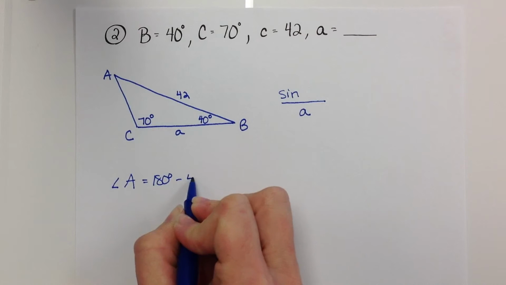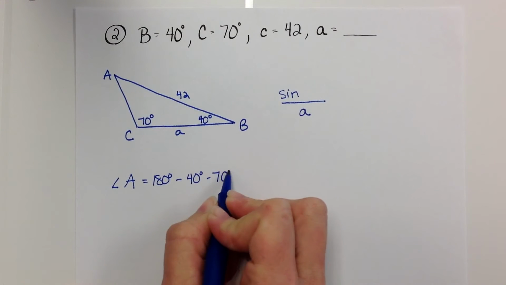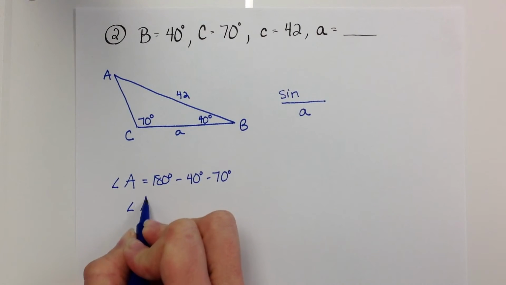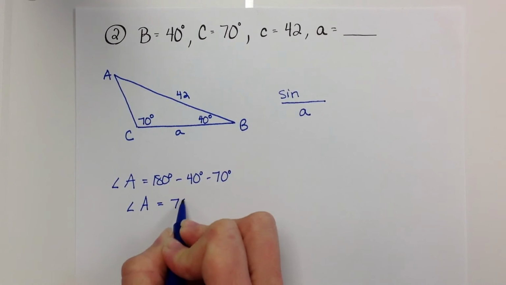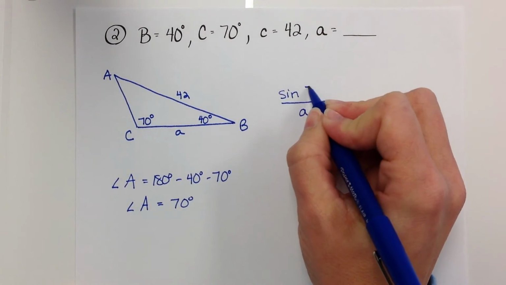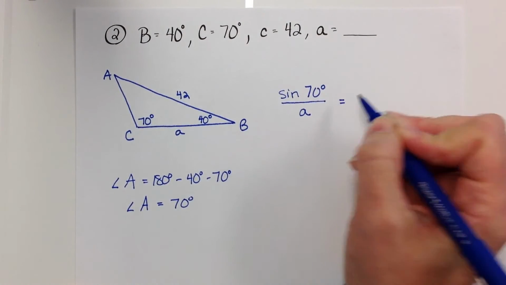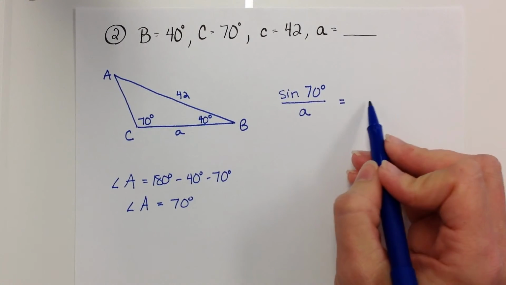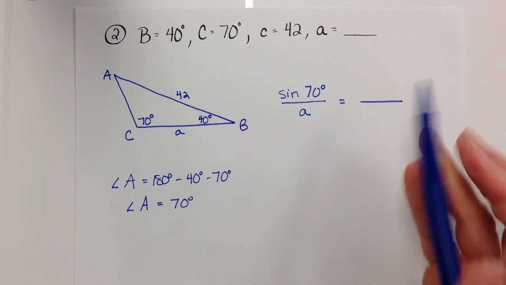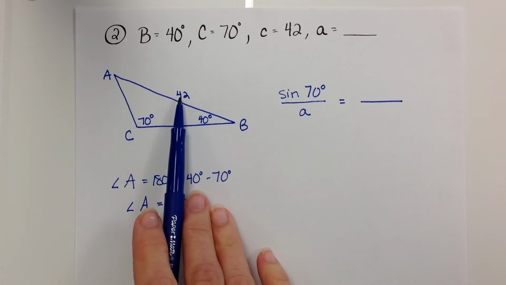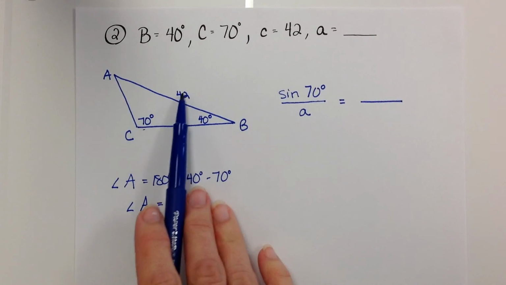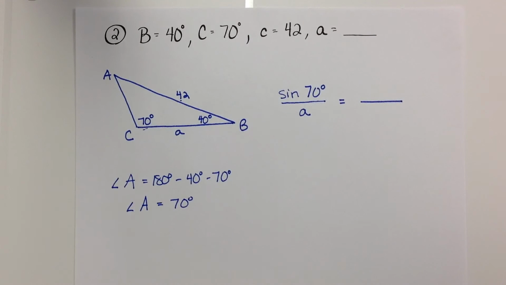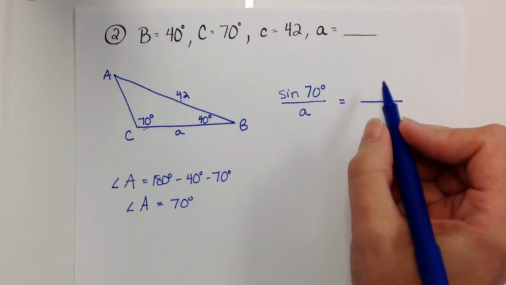So for angle A, we're going to end up with 70 degrees. Now your other ratio this time is going to consist of your side C and your angle C. You've got both of those pieces of information, so you can make a ratio there.